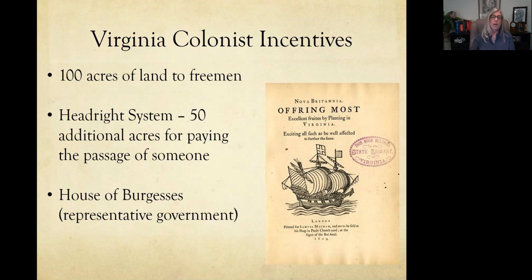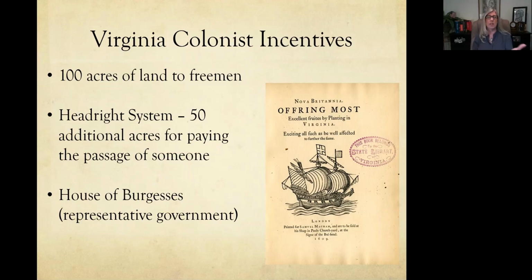So here, the House of Burgesses, and I would highlight this in your notes, the House of Burgesses is the name of their legislature. So this was the Virginia legislature, where people in Virginia elected representatives to go and make policies, local policies within the community.